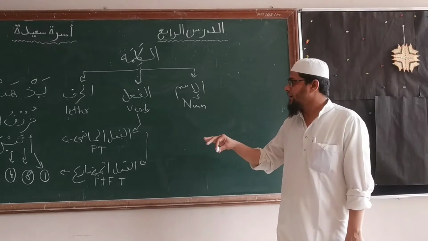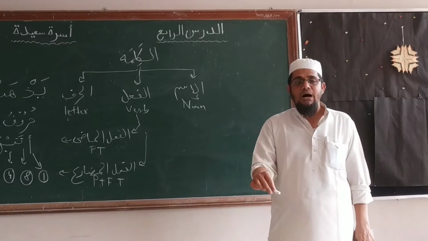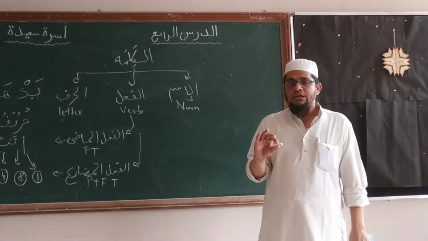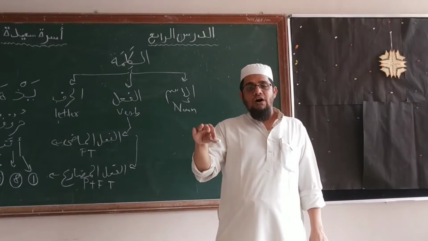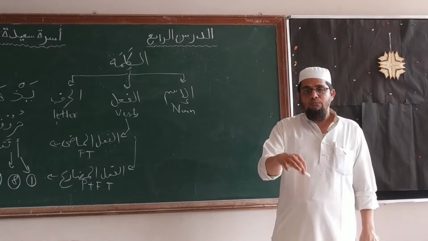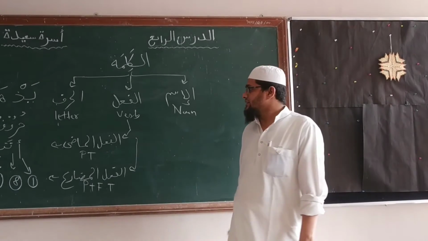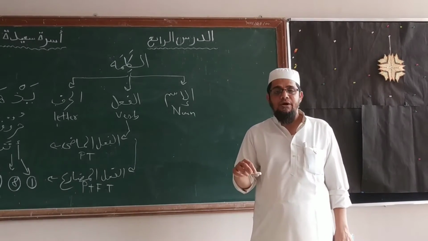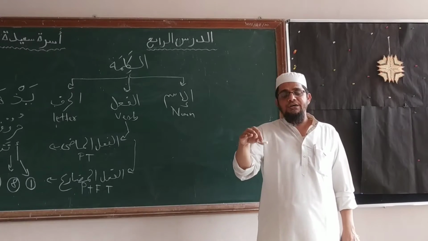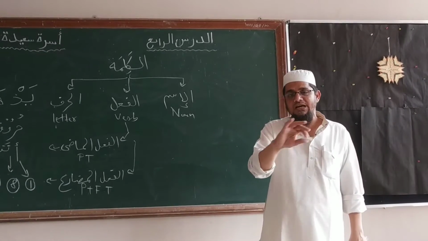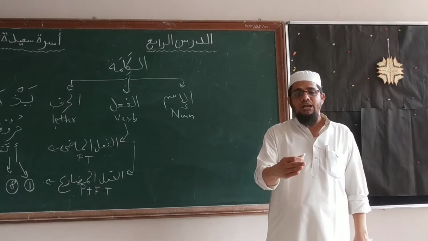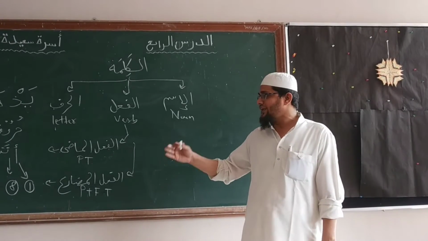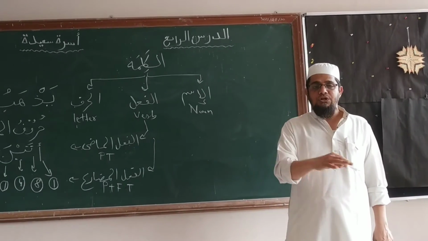These 3 are for wahid, musanna, jama, muannas, ghaib. Tazhabu, tazhabane, tazhabun. These 3 are for wahid, musanna, jama, muzakkar, hazir. Tazhabina, tazhabane, tazhabna. These 3 are for wahid, musanna, jama, muannas, hazir. Azhabu, wahid, muzakkar, muannas, mutakallim. And nazhabu, musanna, jama, muzakkar, muannas, mutakallim.